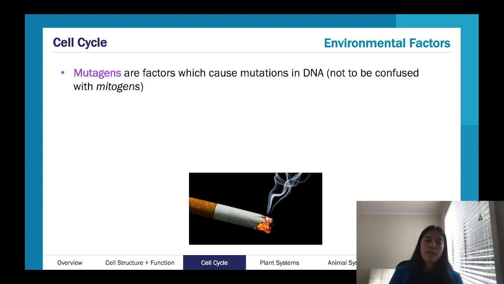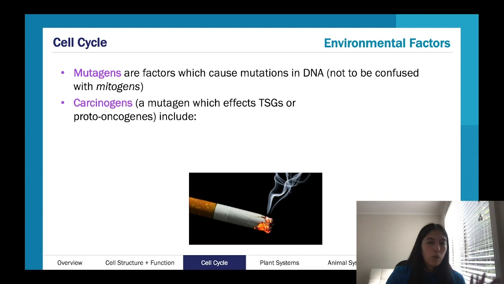So if you were to write mutagens and you wrote mitogens, even though you're thinking of mutagens, because mitogens are an actual biological term, that spelling mistake wouldn't be accepted. So hopefully that makes sense. If you were to write mutagens with 2 T's, they know what you meant, you know what I mean? Mutagens with 2 T's isn't another term. So just be careful with things like mitogens and mutagens, they sound the same. They're within the same realm of cell division and stuff like that. So just be really careful.